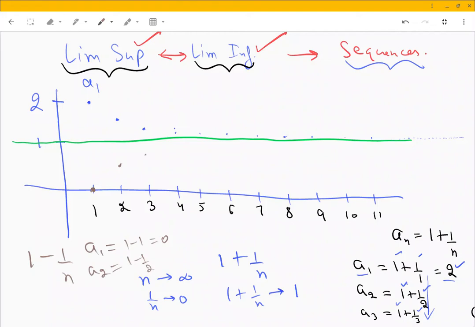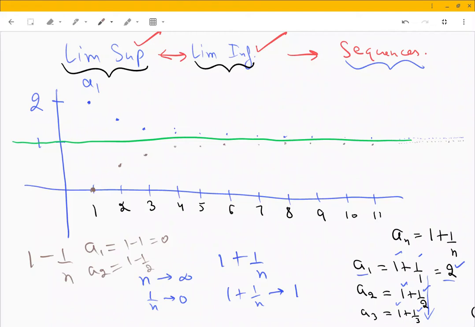So what we are subtracting from 1, that quantity is continuously decreasing. At each subsequent step, what we are subtracting from 1 is continuously decreasing. So this will also approach 1, but this will approach 1 from below, and this will be an increasing sequence, as you can observe.